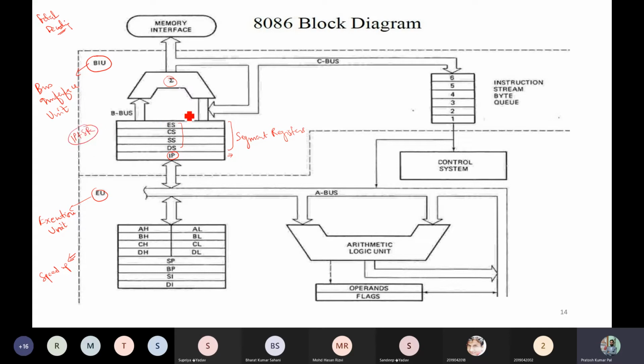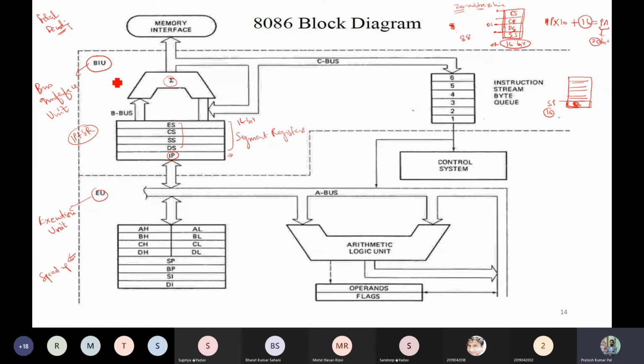So this decoding of the address of the instruction is done in the bus interface unit itself. Once the processor is there, there will be some content of the instruction pointer and the segment. These segments will be indicating that your memory, the complete memory of this microprocessor, is divided into different segments. Decoding of the instruction location is basically done in the bus interface unit itself.